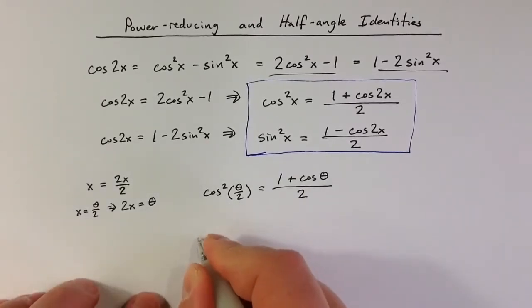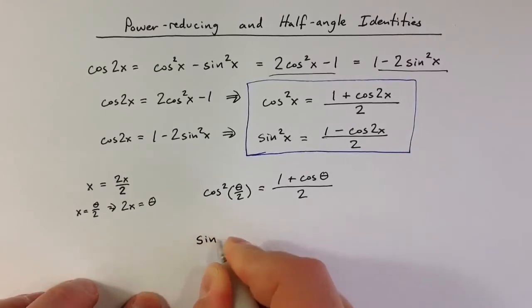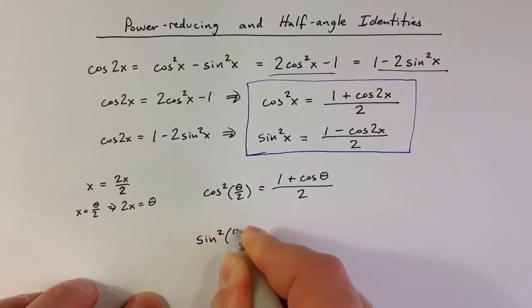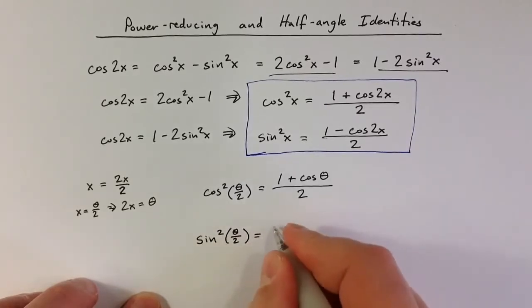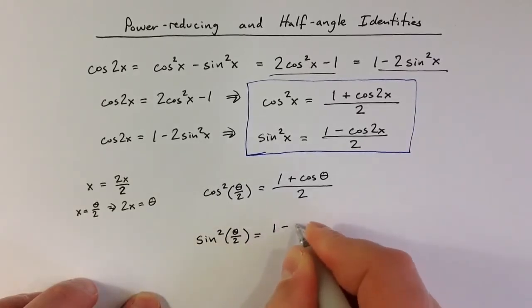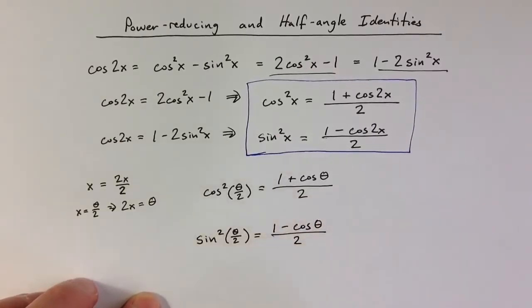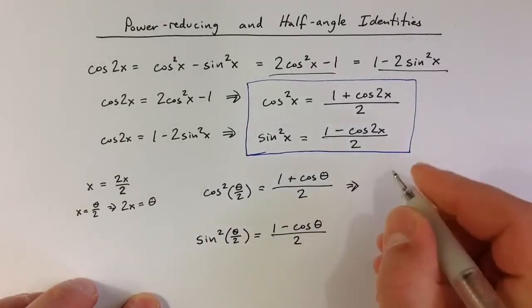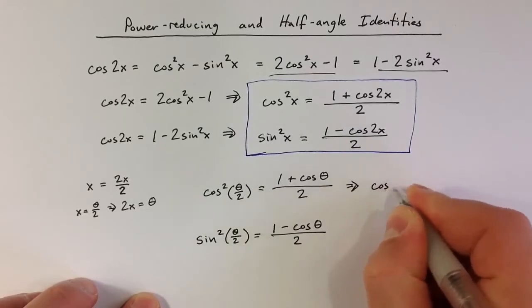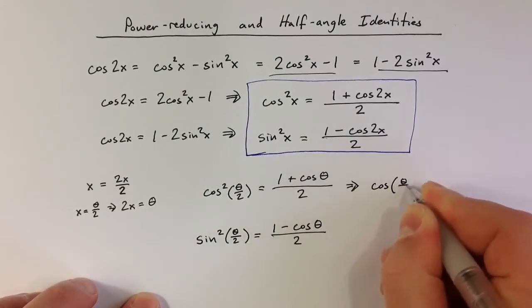And in a similar way, we can come up with a half-angle identity for sine. Sine squared of theta over 2 is equal to 1 minus cosine of theta, divided by 2. Taking the square root of both sides, we end up with the half-angle identities.